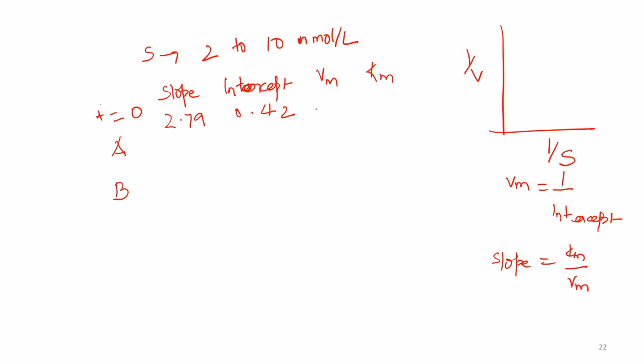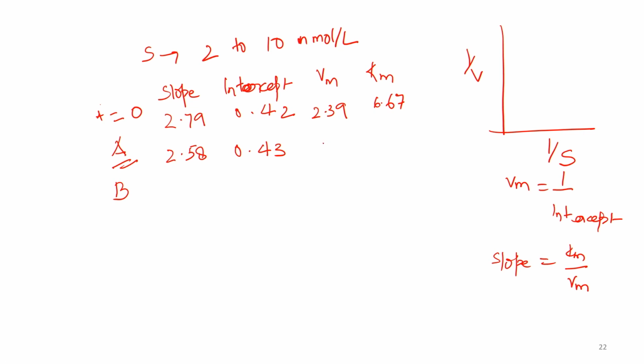So, Vmax will be 2.39 and Km is 6.67. In the presence of inhibitor A, the slope is 2.58, intercept is 0.43.